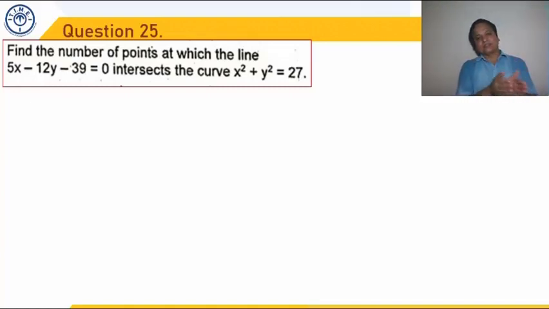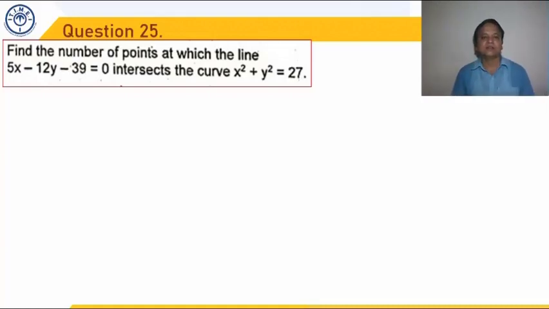It is in a standard form, x square plus y square equal to r square, root 27 whole square. You have to find the number of points at which the line intersects the curve.